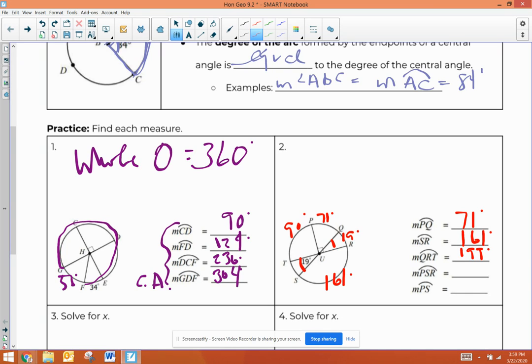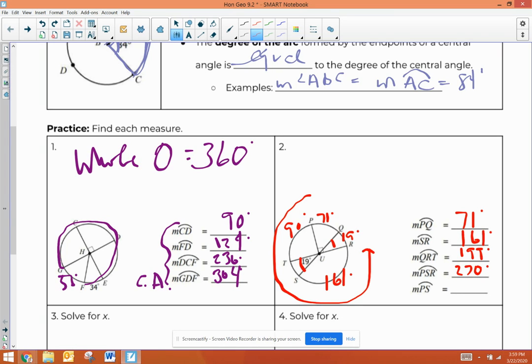Measure of arc PSR, so it's from P to S to R. So that'll be 90 plus 19 plus 161, 270. Perhaps you can think of another way you could have done that. Looking at you, Spence. Always thinking of other creative ways.